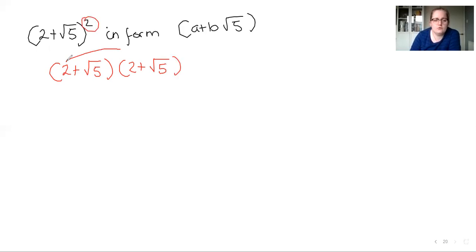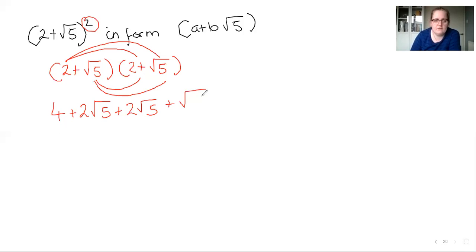So 2 multiplied by 2 is going to give us 4. 2 multiplied by root 5 is going to give us 2 root 5. Root 5 multiplied by 2 is going to give us 2 root 5 again. And then root 5 multiplied by root 5 is going to give us root 25.